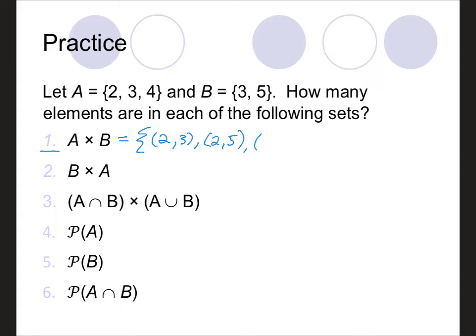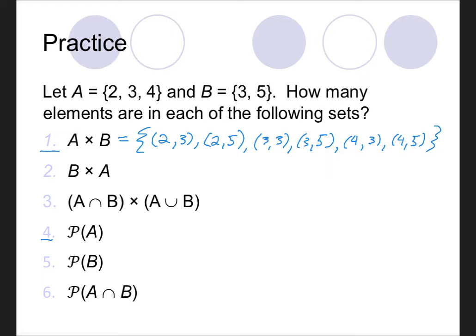And then we also have 3 as an element of A paired with all the elements of B. And then we also have 4 as an element of A, so that's the first component, paired with the elements of B. Right, so that would be the Cartesian product. And we'll just look at a couple of these. So we'll look at the first one, and then let's look at the power set.